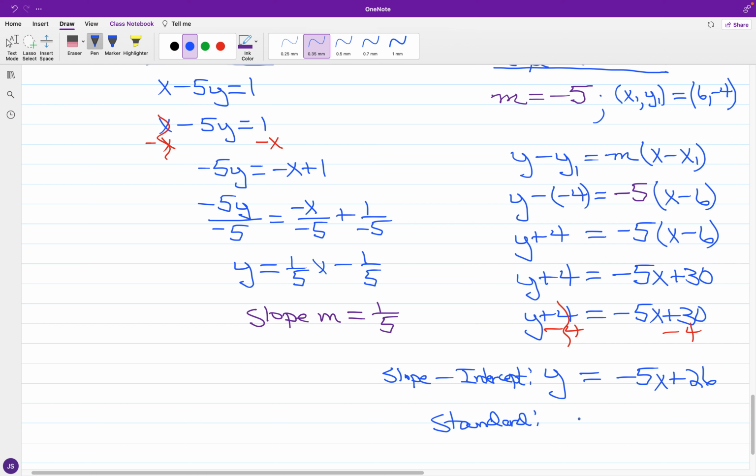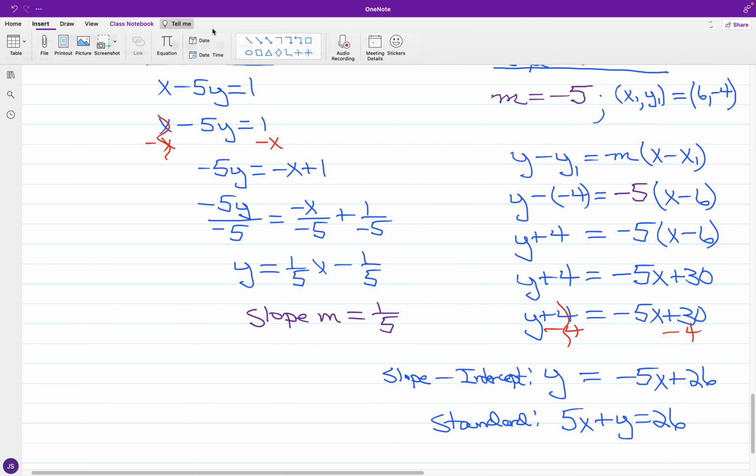And with the same line, expressing the equation in standard form, again with the x and y terms on the same side, we have 5x plus y equals 26.